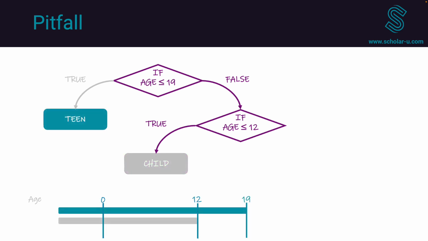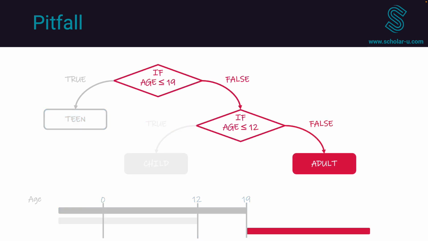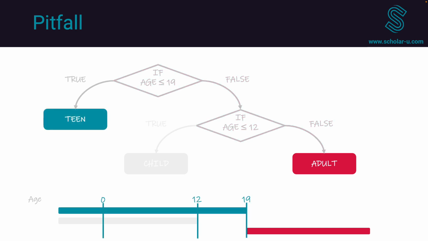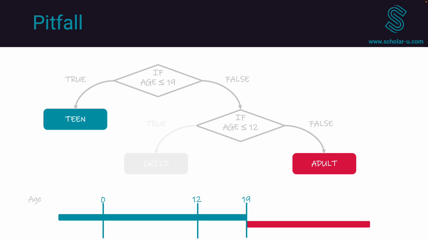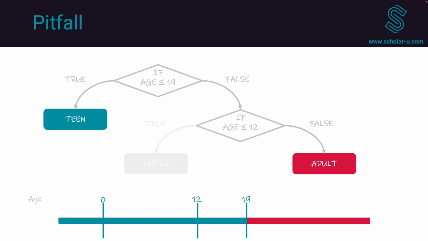Upon closer inspection, we realize that if everyone aged 19 or younger has already been labeled as a teenager, no one remaining qualifies to be labeled as a child. This occurs because those under 19 never reach the secondary if statement due to their earlier classification as teenagers. Consequently, everyone else is automatically categorized as an adult. Upon review, we find that only 2 classifications are present, teenagers and adults, with no individuals classified as children.